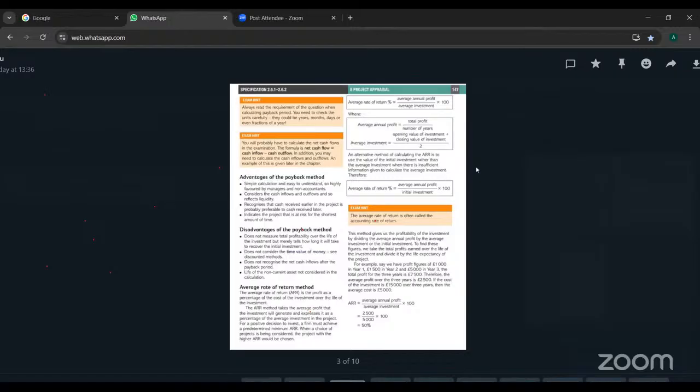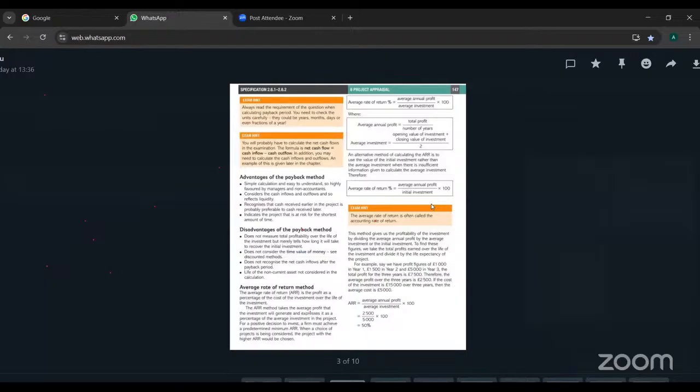Okay. So how many percentage we will receive compared to a capital investment project. Okay. That is ARR. So the equation, you have to study only the equation in this method. Okay, so if you study the equation, it will be easy. I'll do a one past paper question in my next accounting free session.